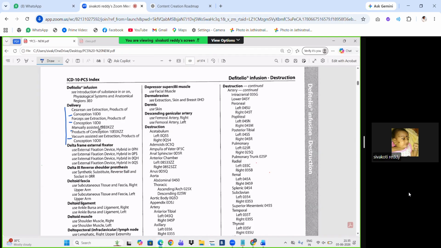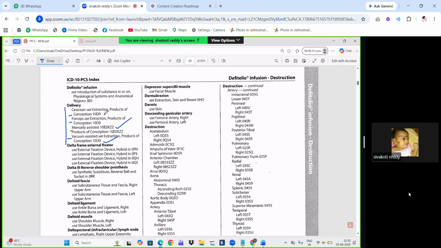Manual assisted, directly you will get the 7 digit. Vacuum assisted is vaginal delivery, right, sir? Manual assisted vaginal. Correct. Normal delivery should be manually assisted. Okay. Suppose vacuum assisted extraction, products of conception, 10D0.